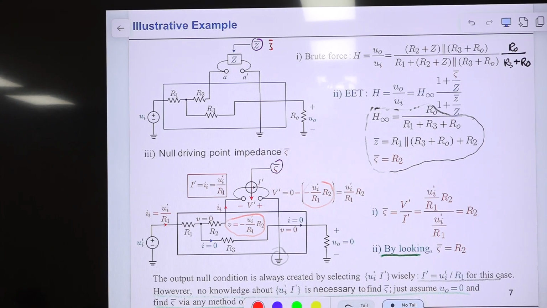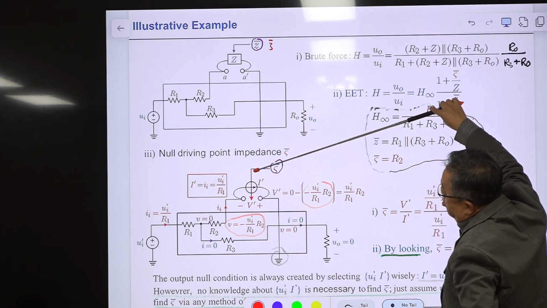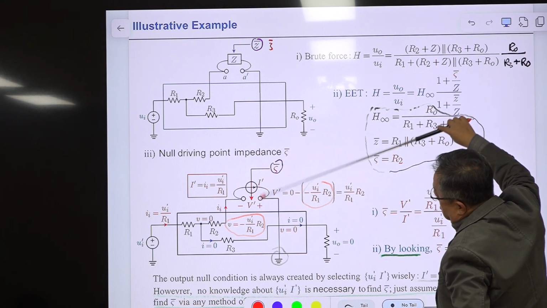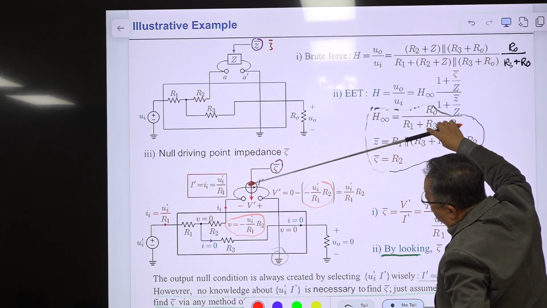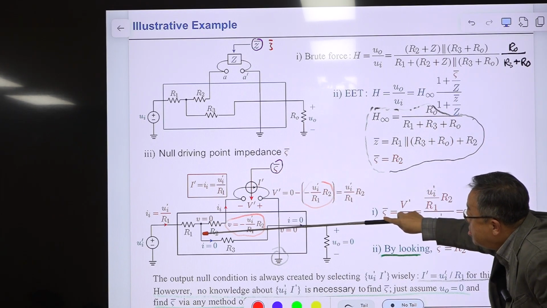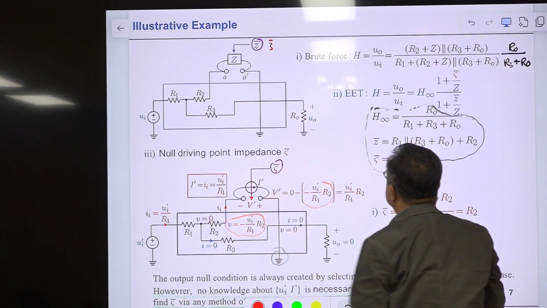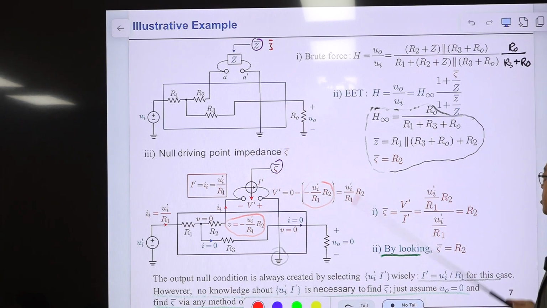We know this. Take a look at this with this: you are looking into this circuit through this hole. This is grounded, so what you are seeing is only R2. So this zeta bar is also R2. Same result.